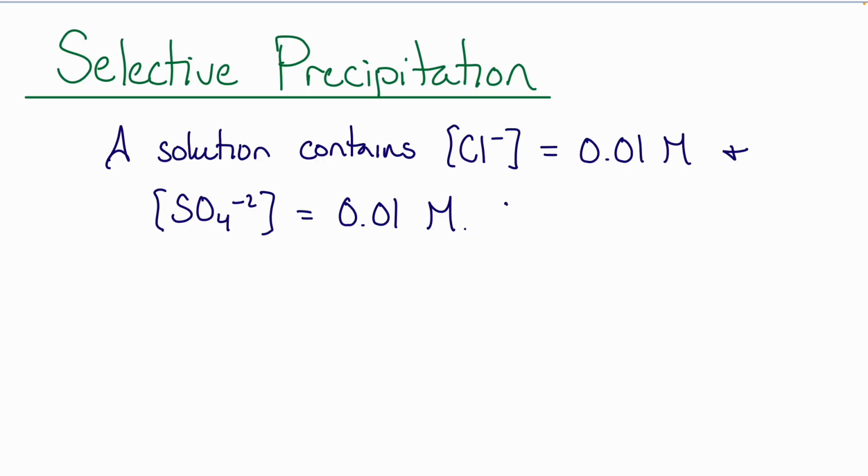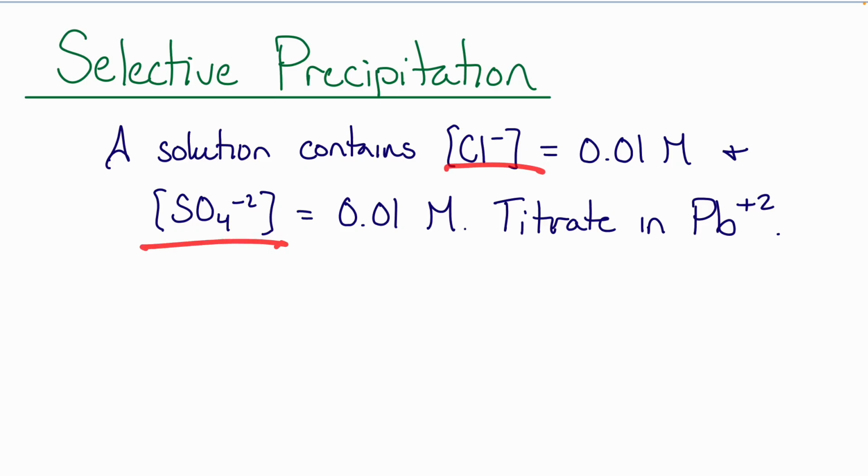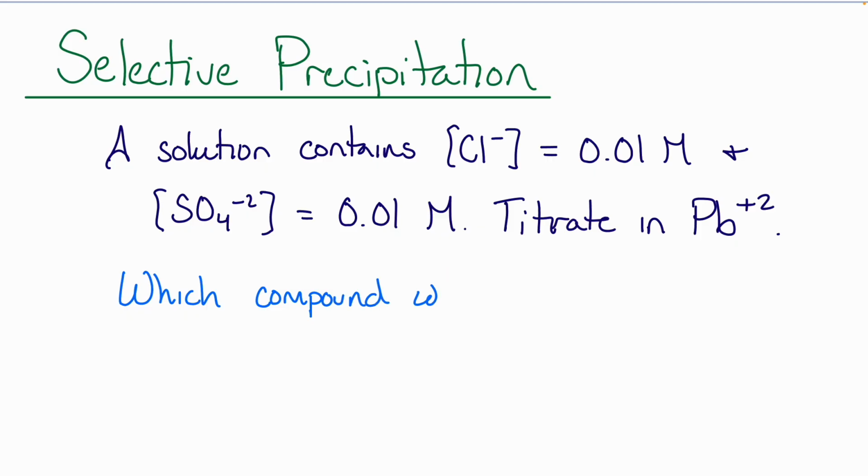Now I'm going to titrate in lead ions. Lead forms an insoluble compound with both chloride and sulfate. But what I want to know is which compound will precipitate first.